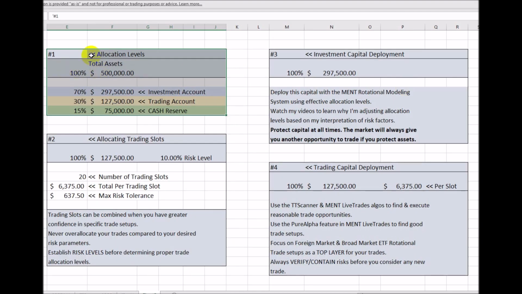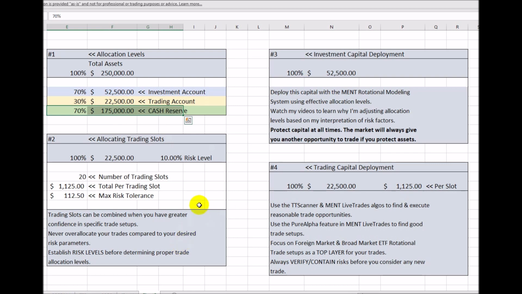Remember, follow this level. If you hypothetically had $250,000 in your account, and I was recommending a cash reserve of 70%, then you would theoretically be based at this level, protecting your capital so that you do not have excessive risk.